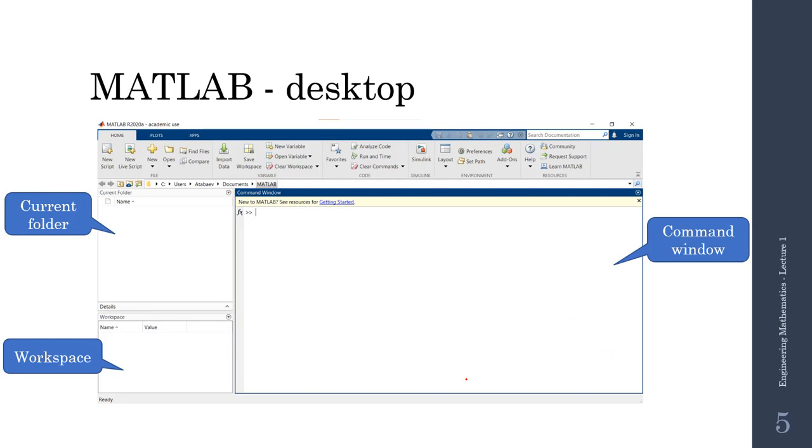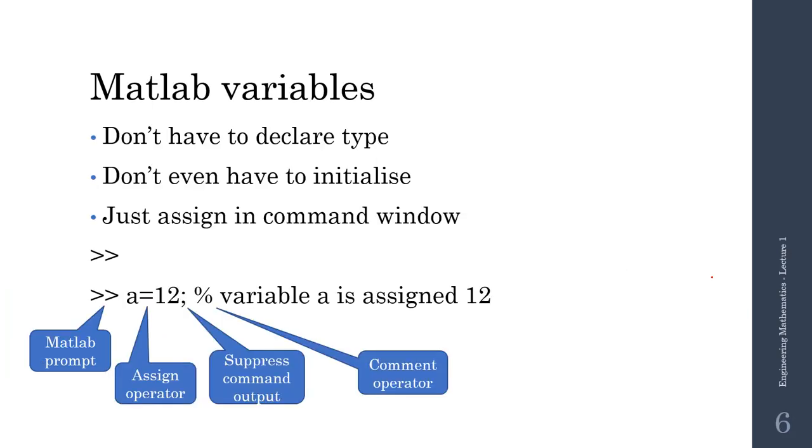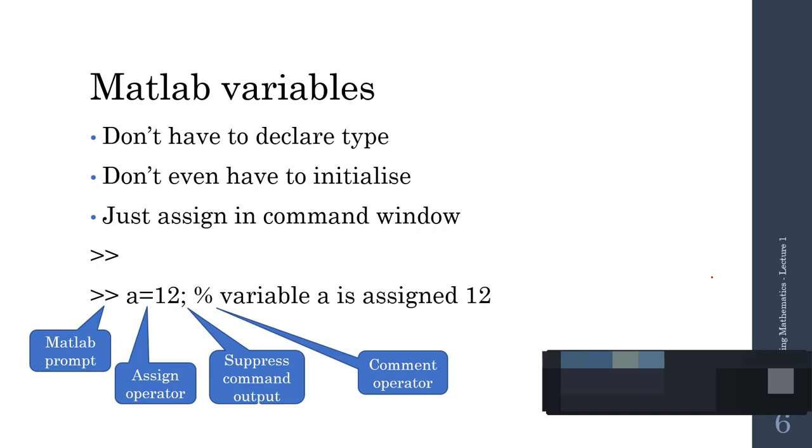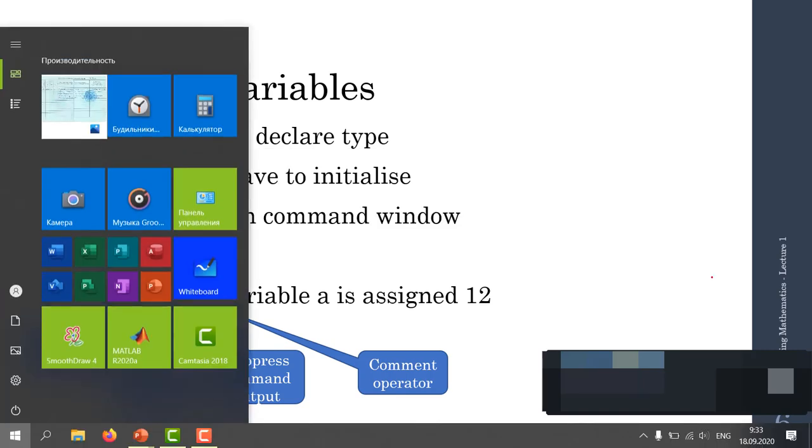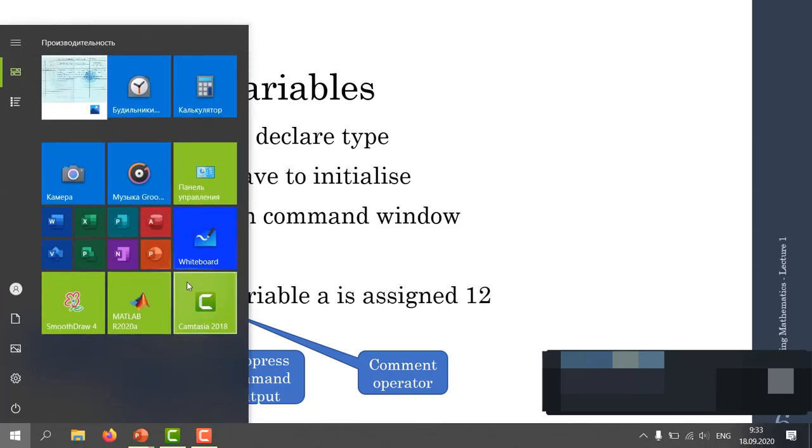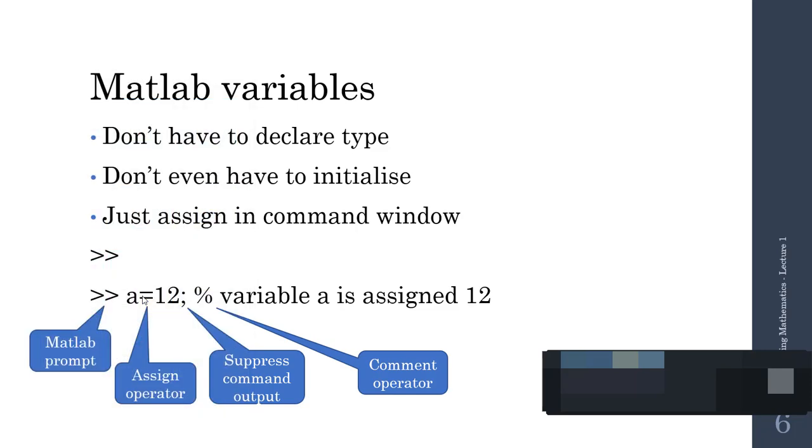This is the Matlab desktop. This part is called the current folder, this is called the workspace, and that one is the command window. I already have Matlab on my computer and I can show you how it works.